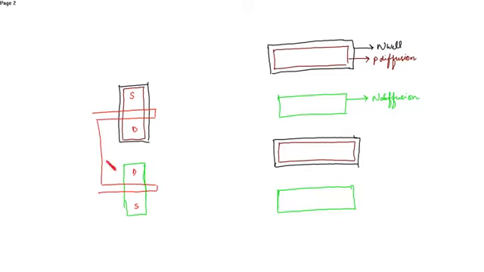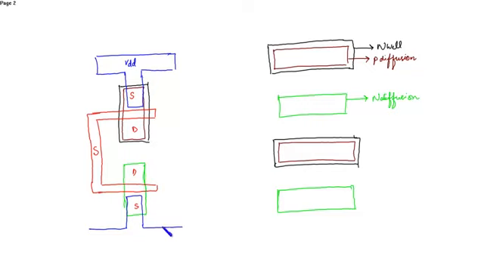So this is the inverter input, that is the select line S. This is the source of the PMOS which is connected to VDD, and the source of the NMOS is connected to ground.